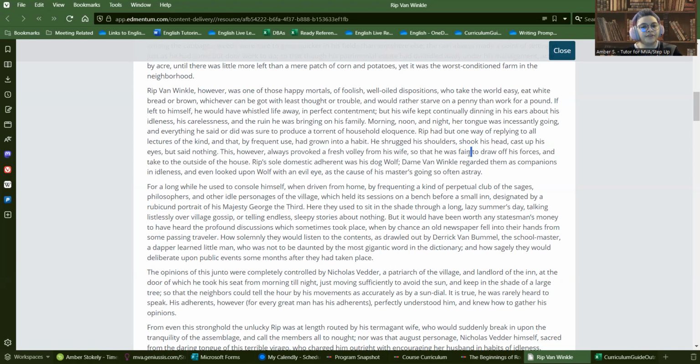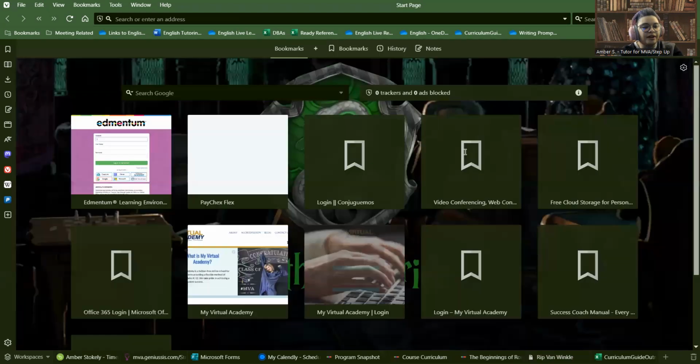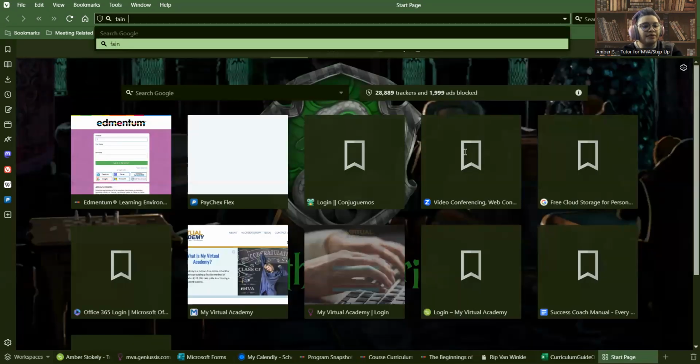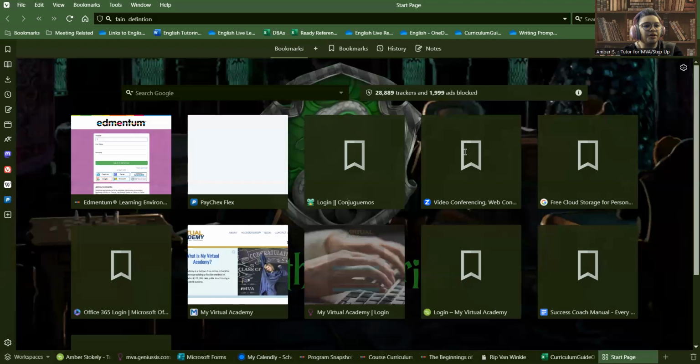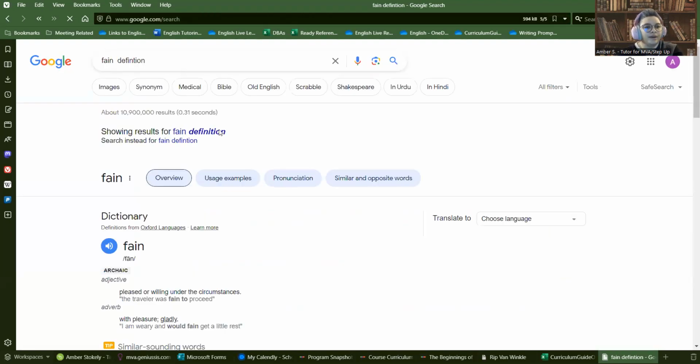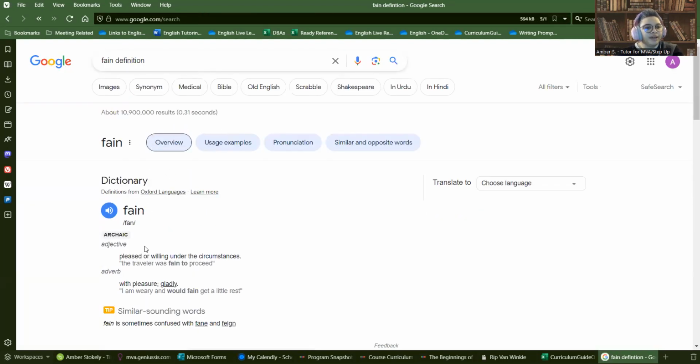So we're going to look up the word fain here, because I feel like that's probably the thing that's least understood here. We know what being provoked is, right? Provoking is when someone tries to goad you or encourage you to do something or take an action. Here we go. But yeah, fain, it says pleased or willing under the circumstances.